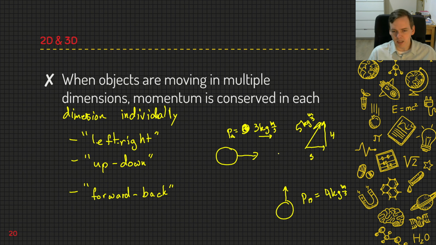And that's because this guy, we end up with still having our 3 to the right, and we end up with still having our 4 up. And if those combine together, we get that 5.